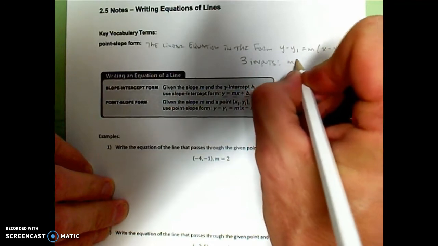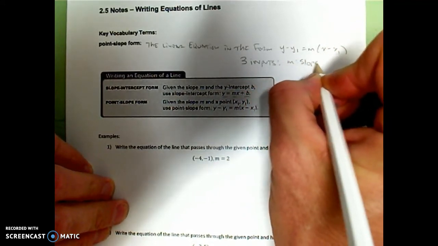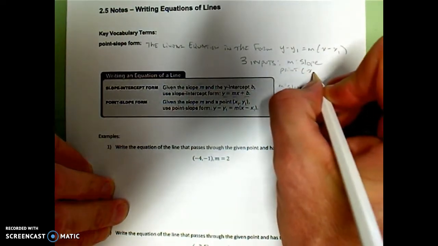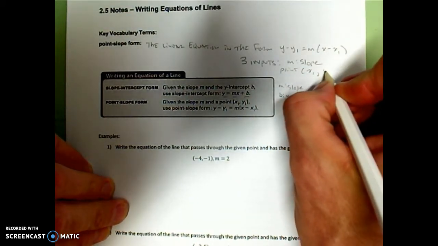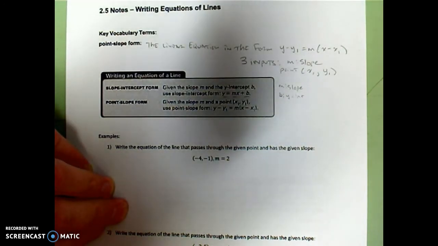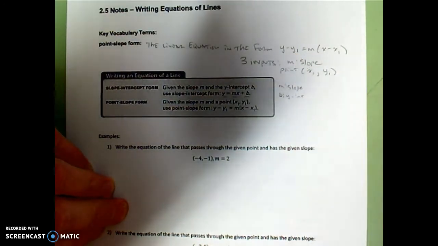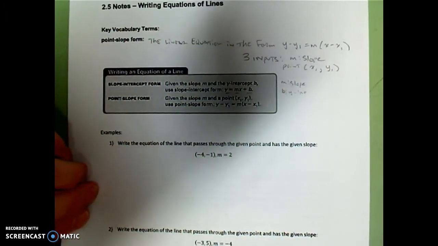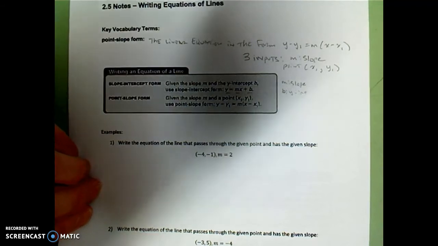The first is your slope, and the second is a point, which comes to us as a set of coordinates, which we're going to call x1 and y1. We take the x coordinate from the point that we're given, plug that in for x1, the y coordinate from the point that we're given goes in for y1, the slope goes in for m, which will give us point-slope form of a linear equation.